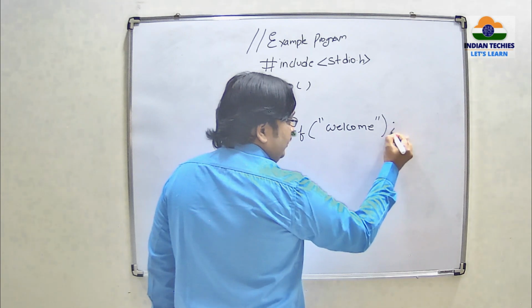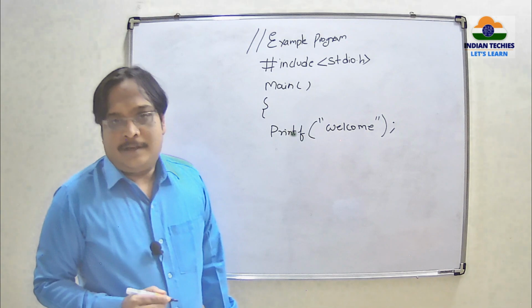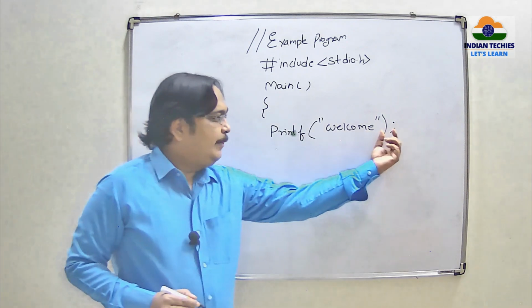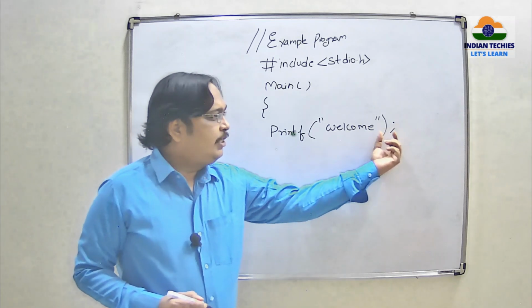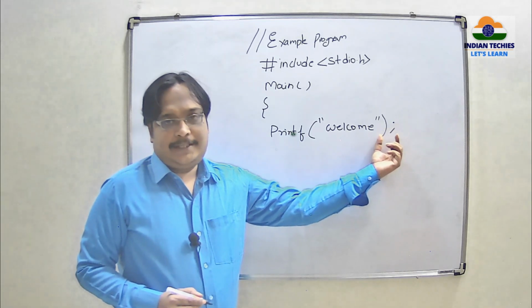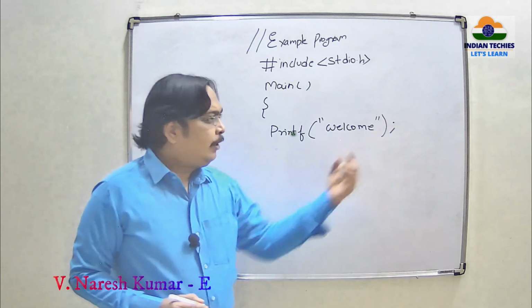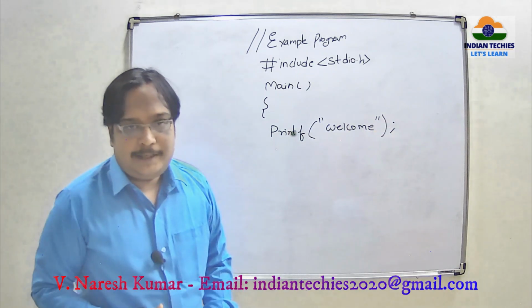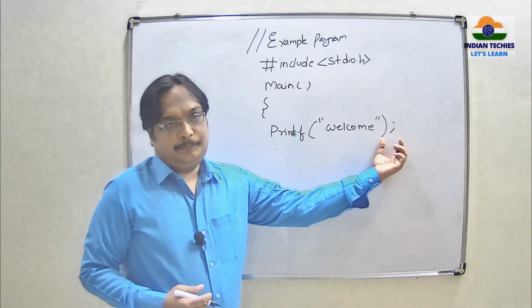Every statement in C should be terminated by a semicolon. Whatever statement you write, it should be terminated by a semicolon. That is, one instruction has been completed. So you should not forget this. Semicolon is compulsory for all the statements that you write in C programming. What the types of statements are, we will be discussing later. But for a normal statement, you have to write a semicolon.